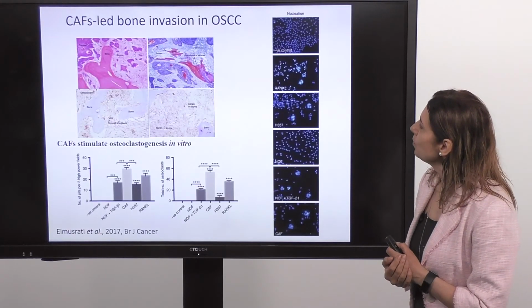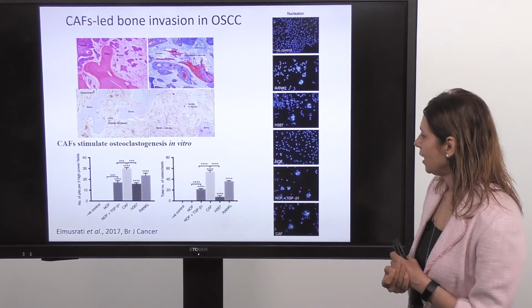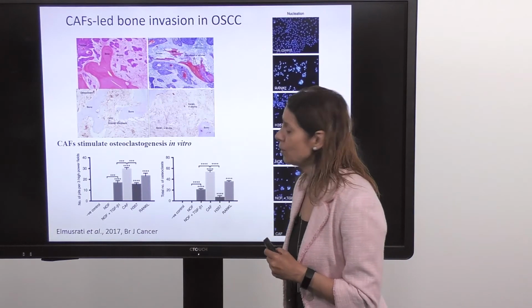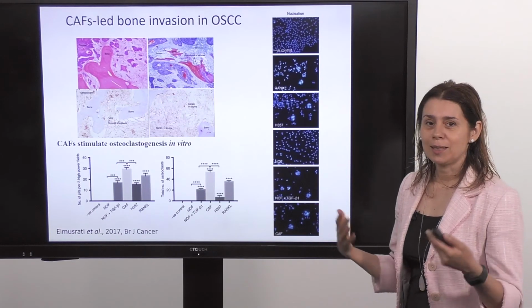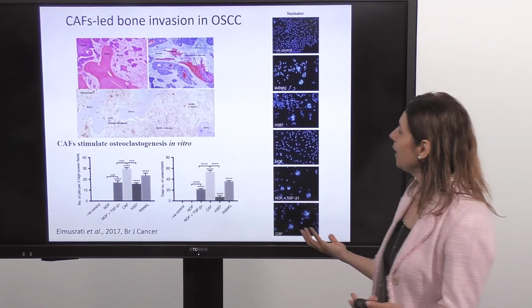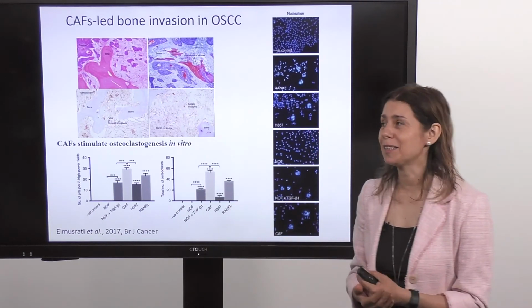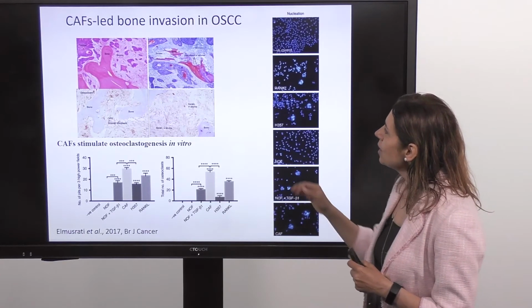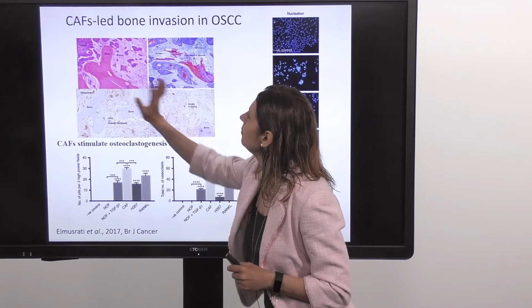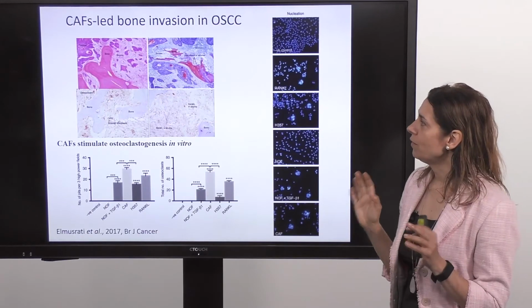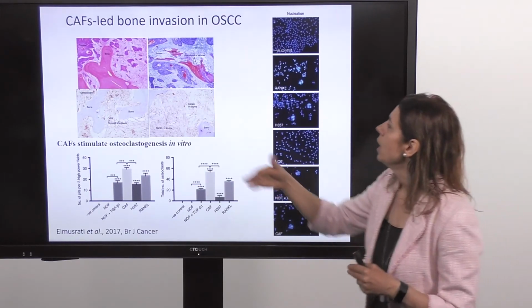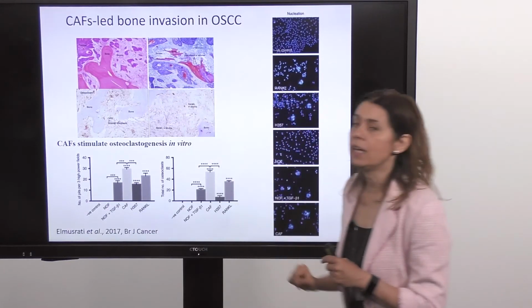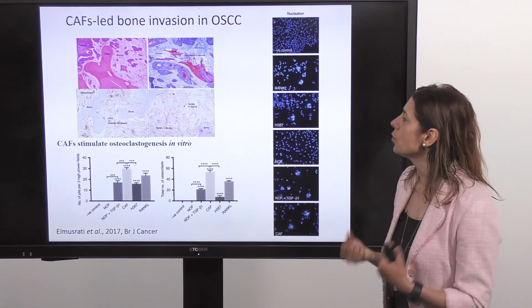And I would like to mention a very interesting study that has been published in British Journal of Cancer, in which first it was an observation that us pathologists might make while looking at the slides in the microscope, and it was that actually in the lesions that were invading the bone, it was not the cancer cells that were very close to the bone resorption areas, but it was an abundant stroma.